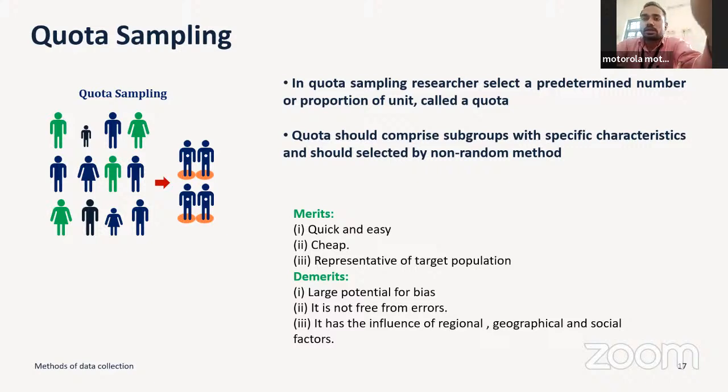So this is also a non-random method. Even though it is quick and easy, it is bias and error prone, and therefore we cannot apply such a method in all cases. It may be used in some cases, but we cannot use such a method in scientific research. Next slide, sir.